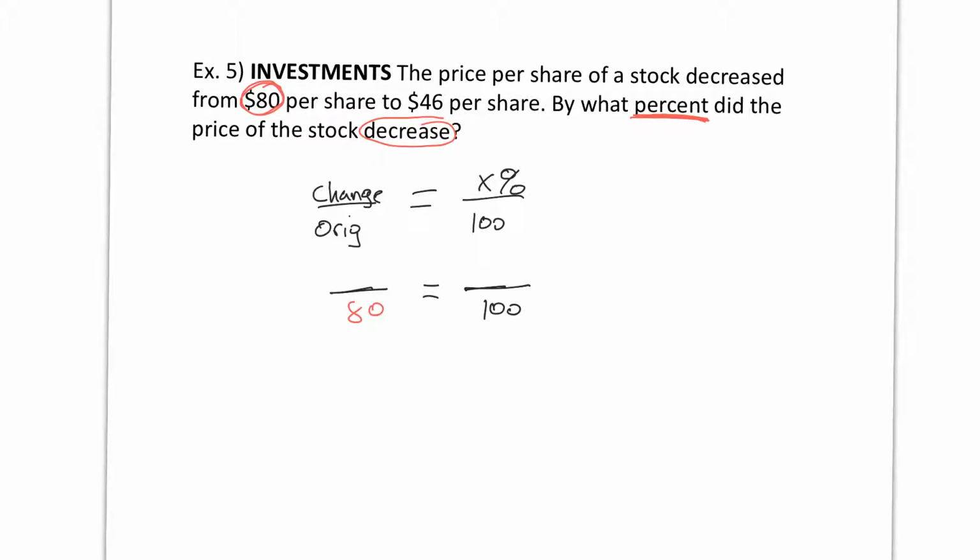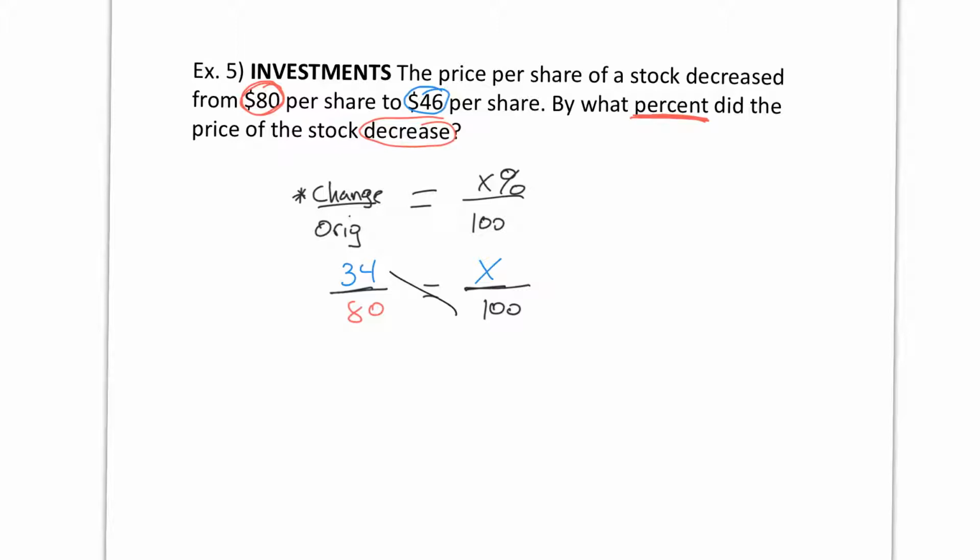My change will be the difference from 80 to 46. So do not use 46, that's not your change. You want to know the difference from 80 to 46, and that difference will be 34. My rate, I don't know what it is, so I'm going to put an X. That's what I'm looking for.